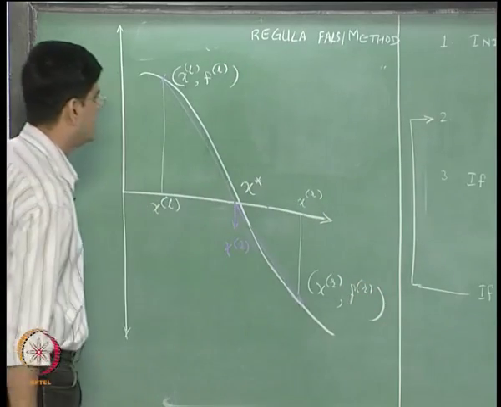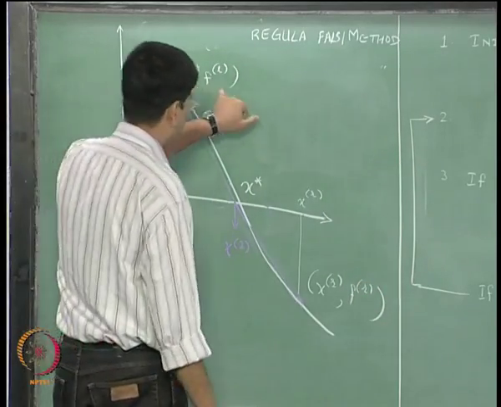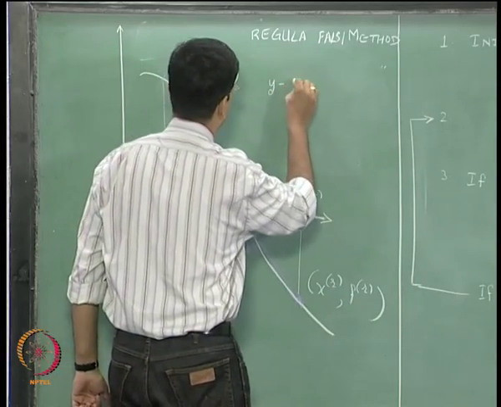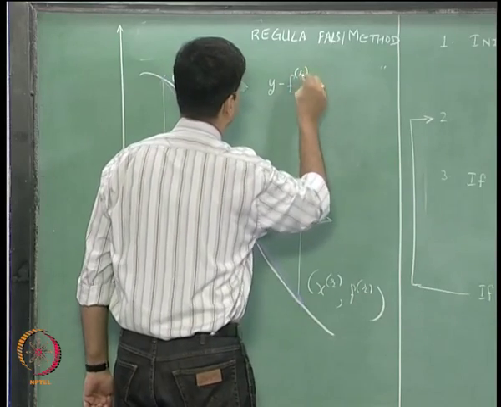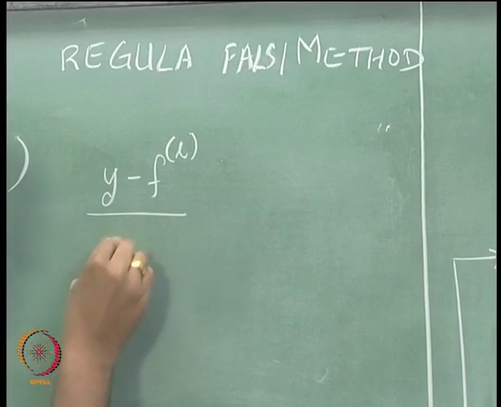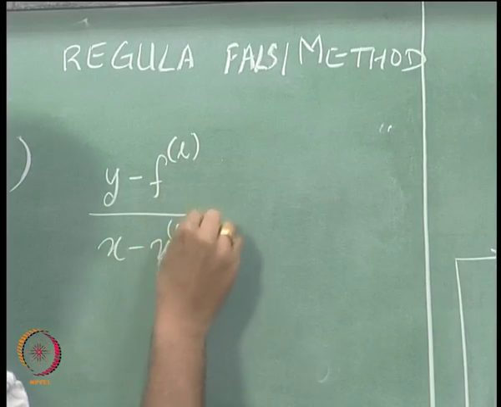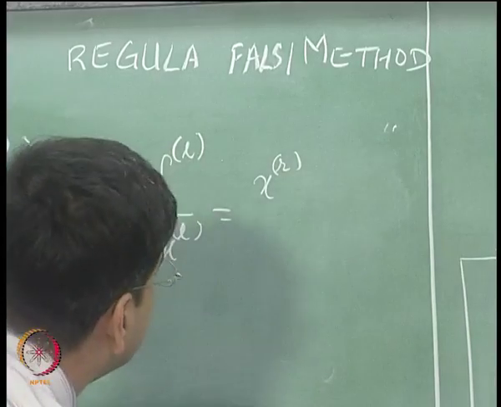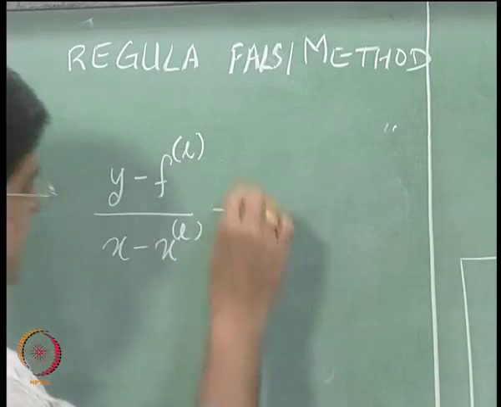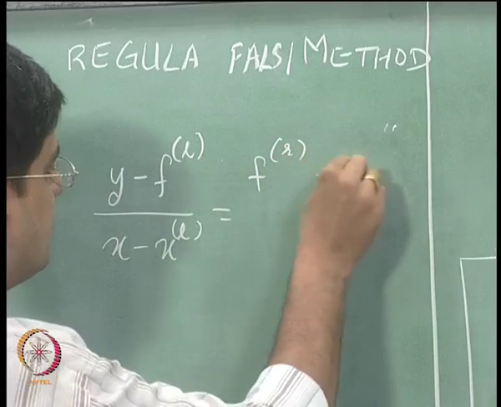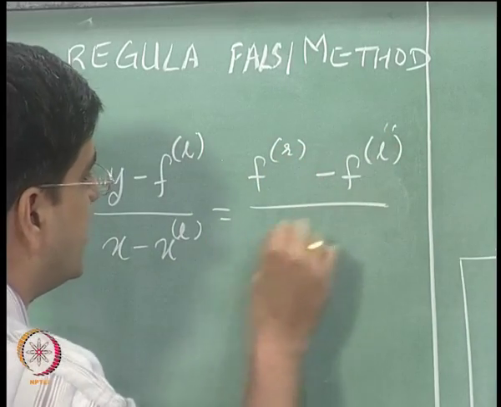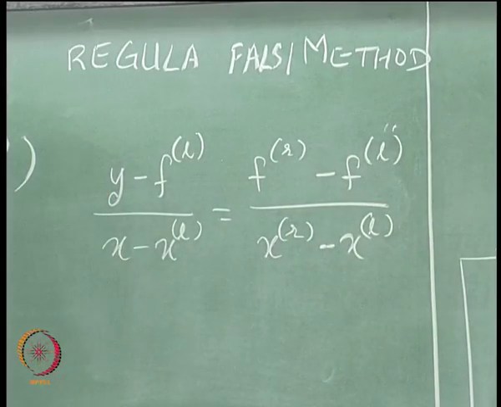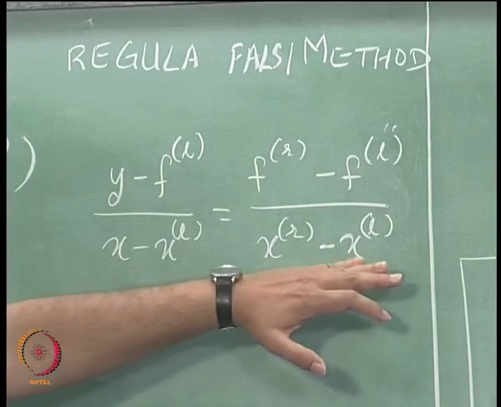f_r). So the line connecting (x_l, f_l) with (x_r, f_r) we can write as (y minus f_l) divided by (x minus x_l) is equal to (f_r minus f_l) divided by (x_r minus x_l).